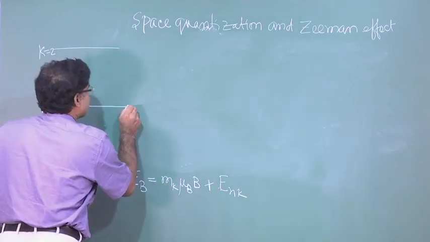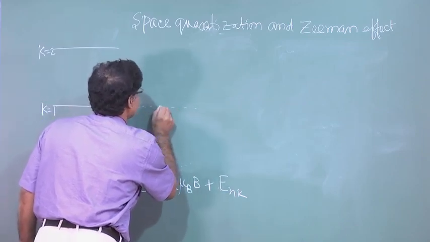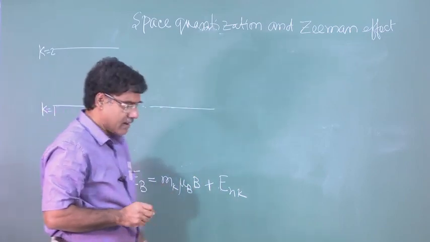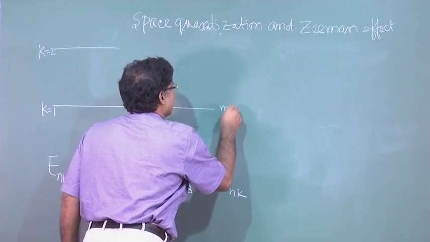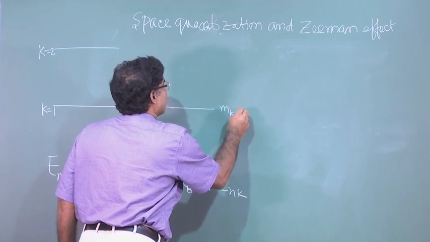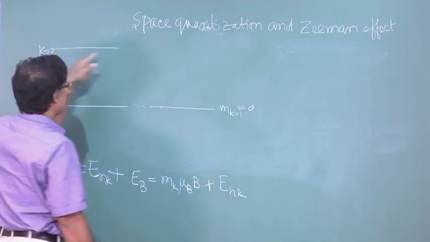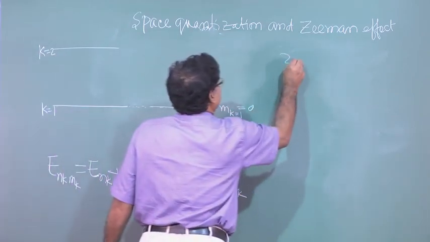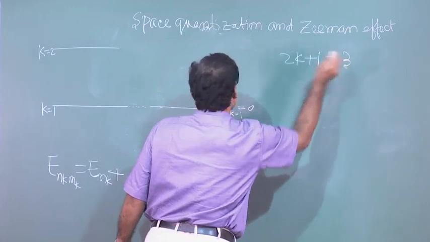After applying the magnetic field, the energy will not change, it will remain the same, because m k is 0. Now for k equal to 1, 2k plus 1, it has to be 3.